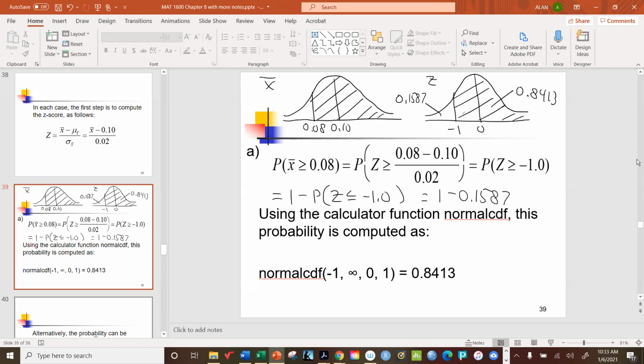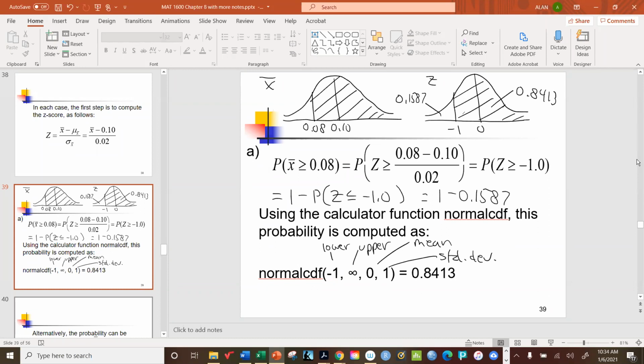Now, with a calculator, I've written it this way because this is how it's expressed in the TI-83. On the 84, what this represents is the lower limit, the upper limit, the mean, and the standard deviation. This is for the standard normal curve, though.